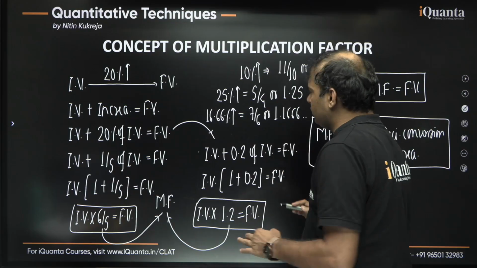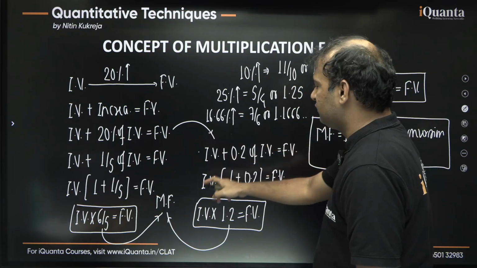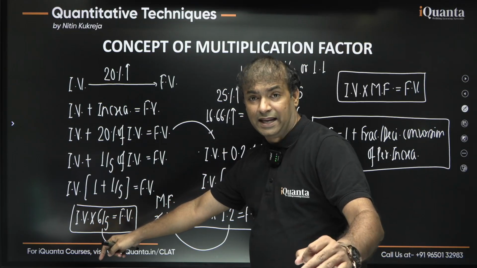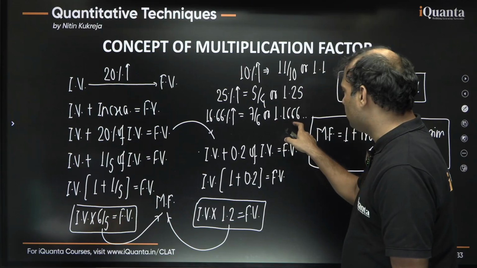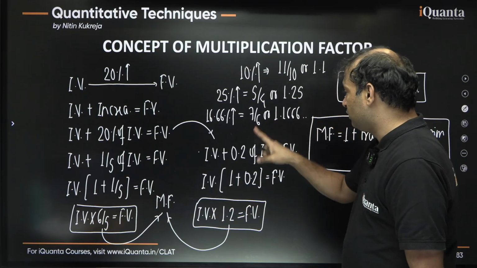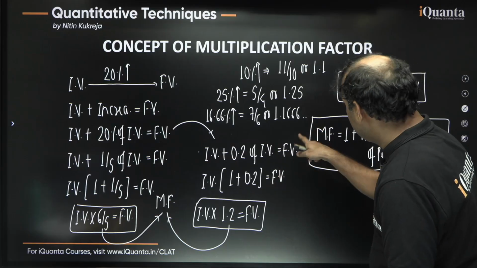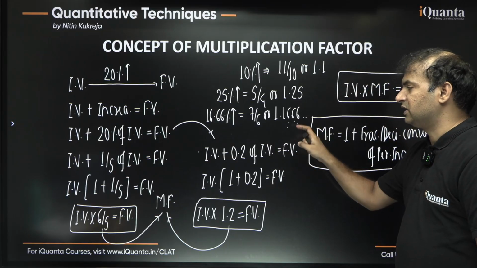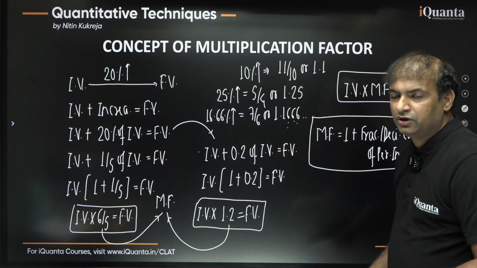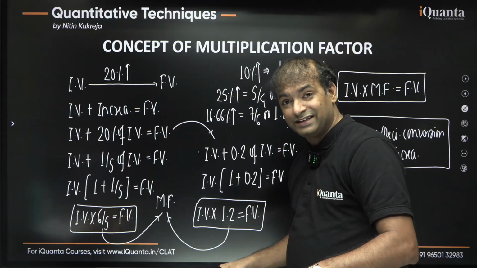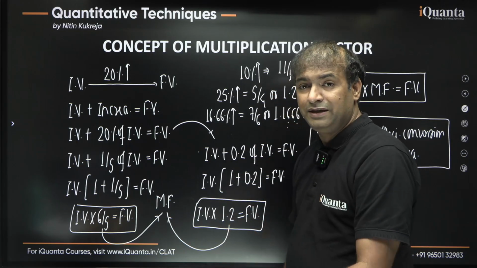And I'm sure you understand, once you multiply 7 by 6 into the initial value, it will be easy to calculate. But if you multiply 1.1666 into the initial value, it will not be easy to calculate. In fact, it's not even easy to find this multiplication factor, right? So that's why I told you that using decimals is never easy, right? Using fractions can be extremely easy.